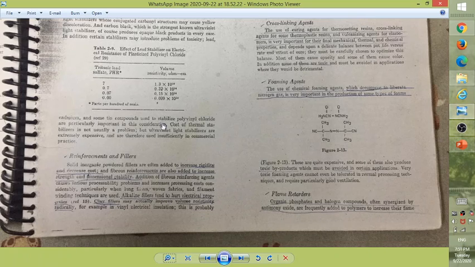Table 2.9 shows the effect of lead stabilizer on electrical resistance of plasticized PVC. So here it is in PHR, tribasic lead sulfate, parts per 100 of resin.